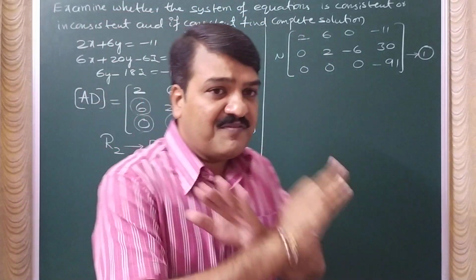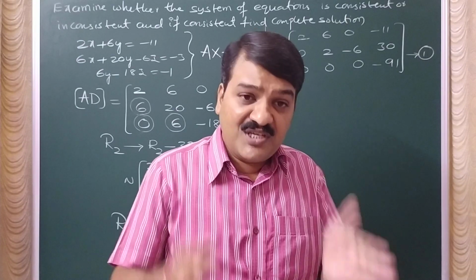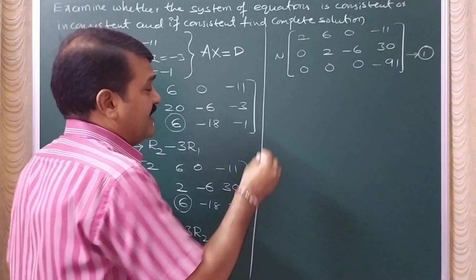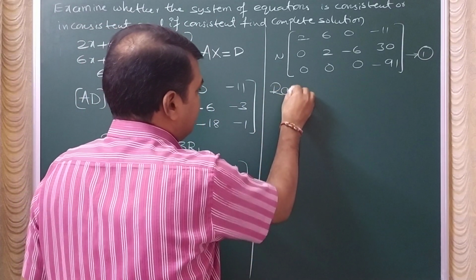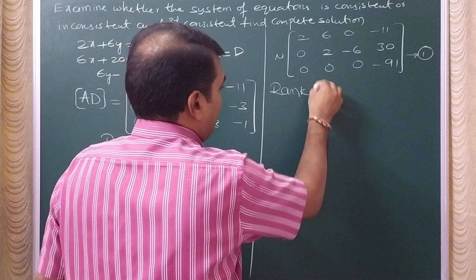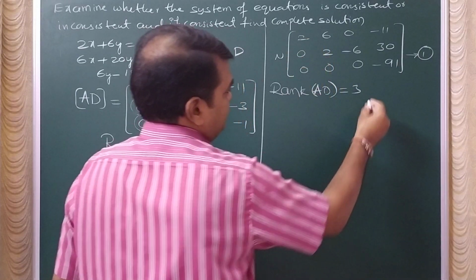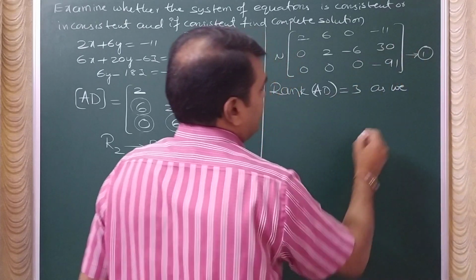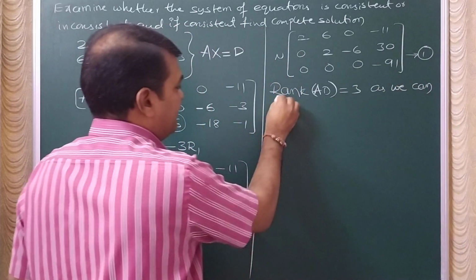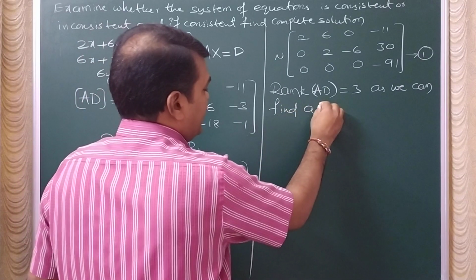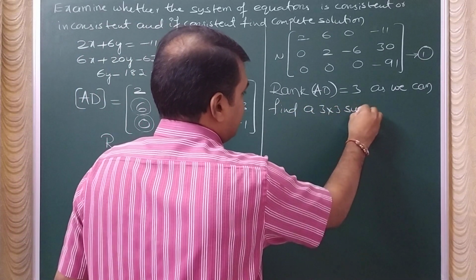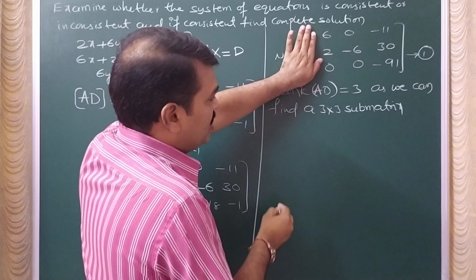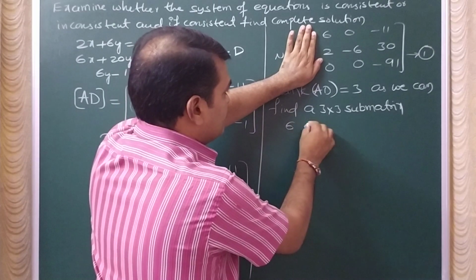If you cannot find a 3 by 3 submatrix which is non-singular, then the rank is not going to be 3. You know that very well. So therefore I will write that rank of AD is equal to 3, as we can find a 3 by 3 submatrix, like when I removed the first column.